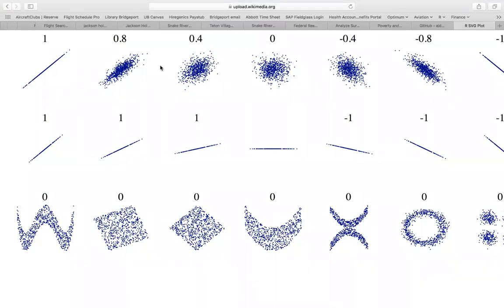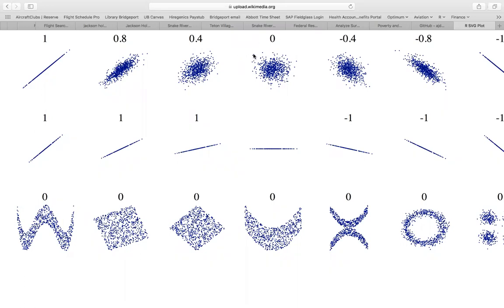So there are three things that, when we're looking at a correlation, we want to understand. First of all, is there a correlation? And for that, we're going to be looking not at these values, but at something called the p-value to see if the relationship is statistically significant.